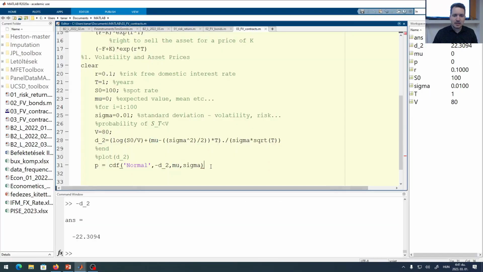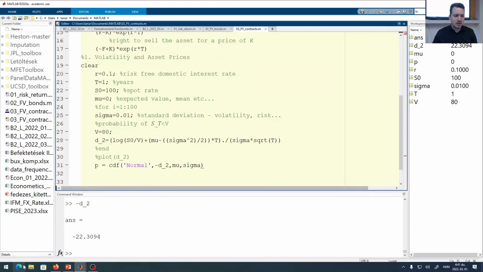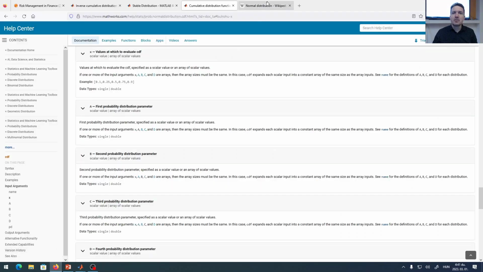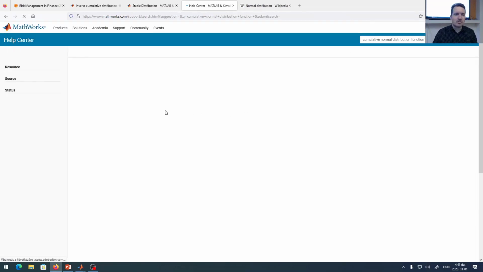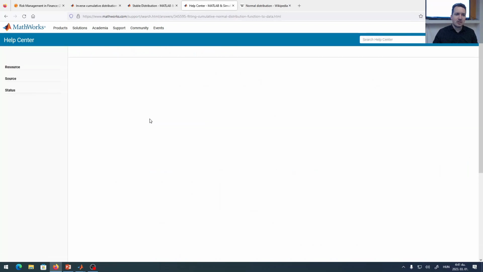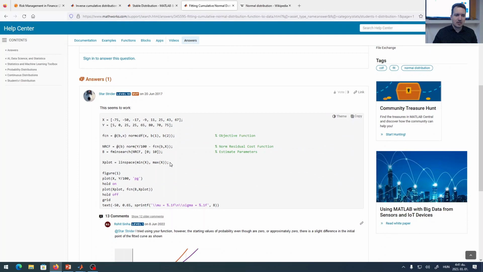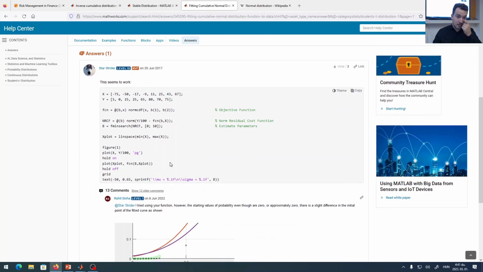It says it's impossible. Let's check whether I am using the appropriate function or not, so the cumulative normal distribution function. Yes, we should fit it to the data. Yeah, normcdf. This is what I'm talking about.